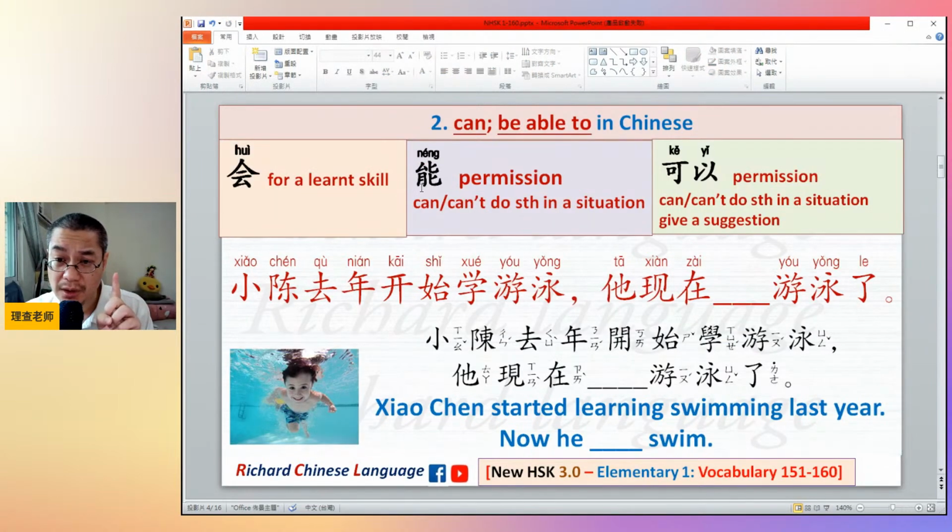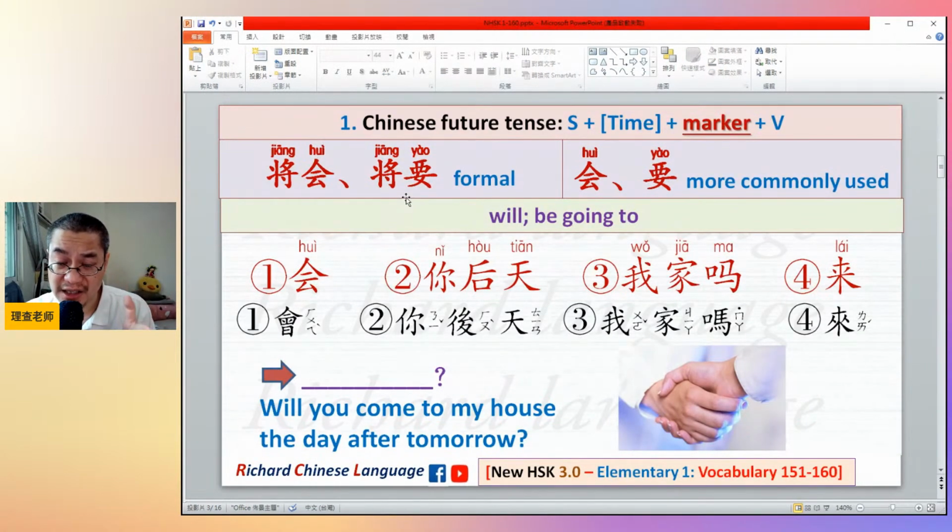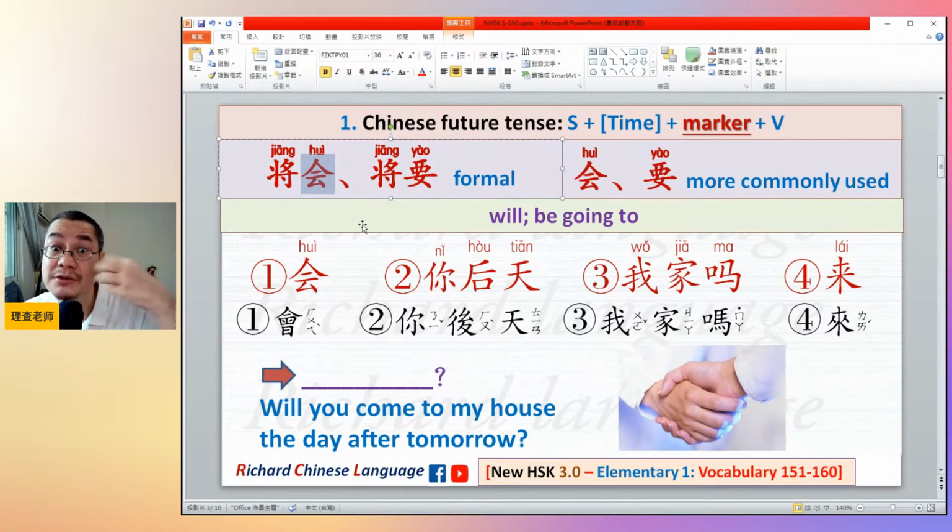Now we have already learned 会 in the meaning of future tense, and it means will and be going to. That's the first important usage for this word 会, and you can also use 要 in this sense.